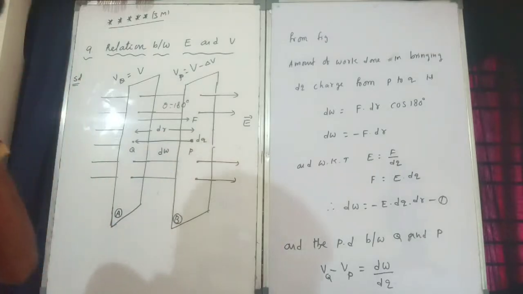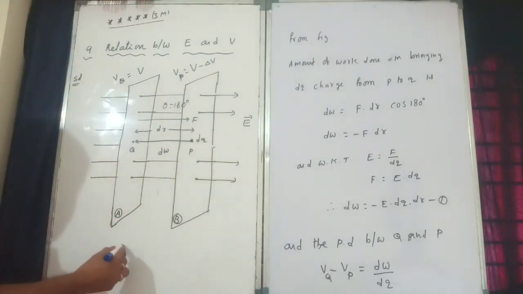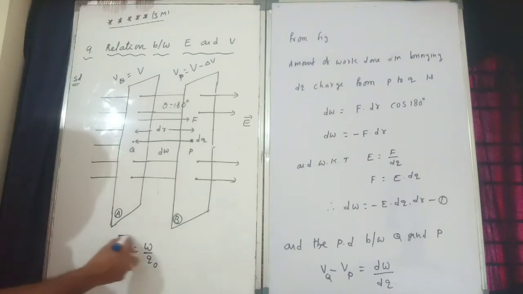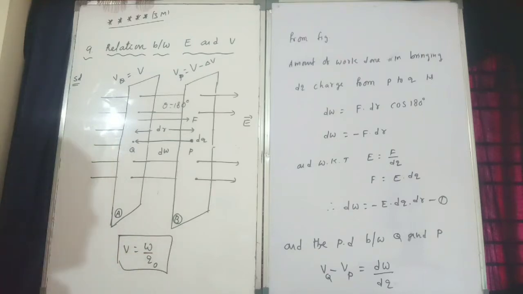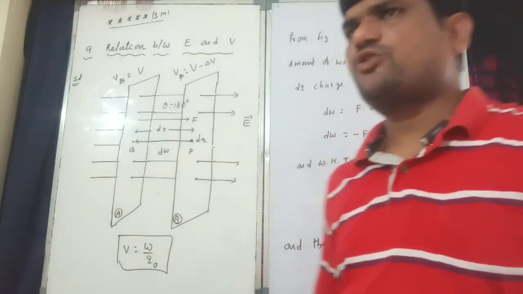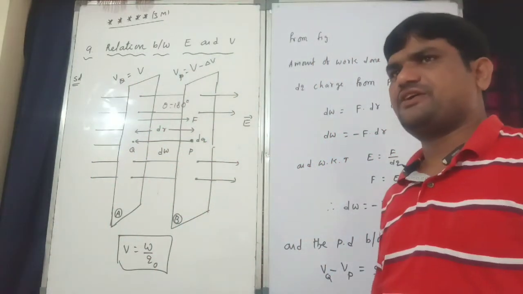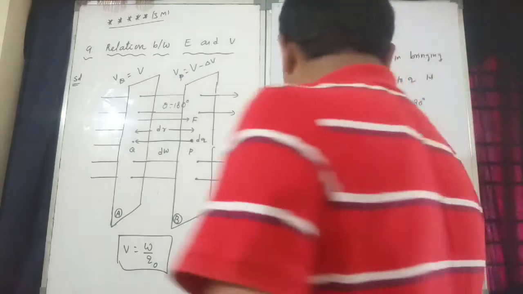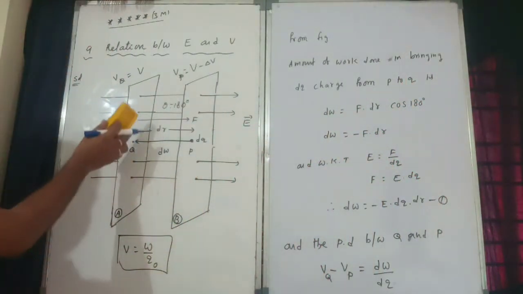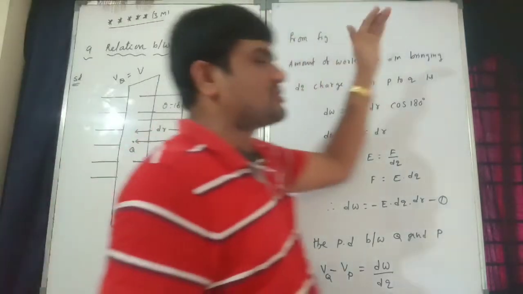Do you remember this formula? V is equal to W by q0, the potential formula. The potential V is the work done per unit charge. This is the equation. Still, can I rub this diagram? Or else I will rub the top 3 lines.